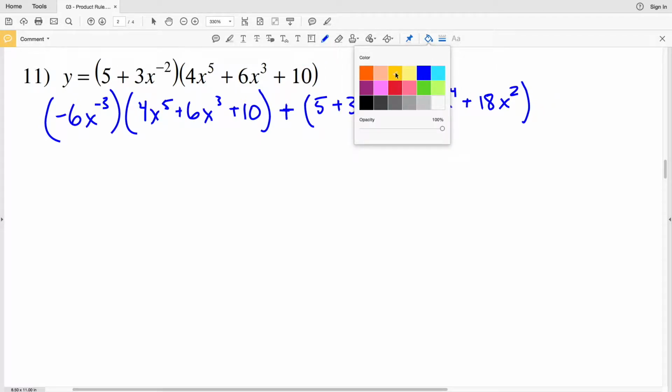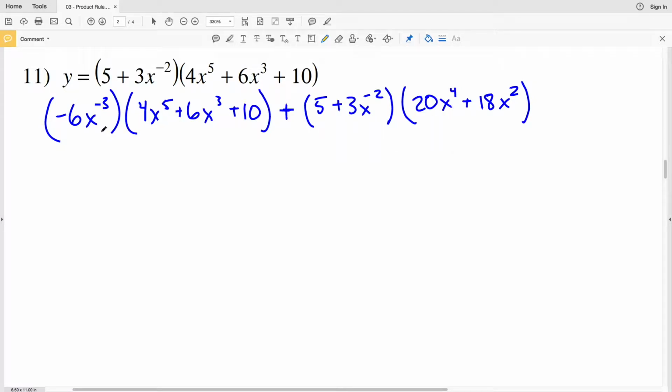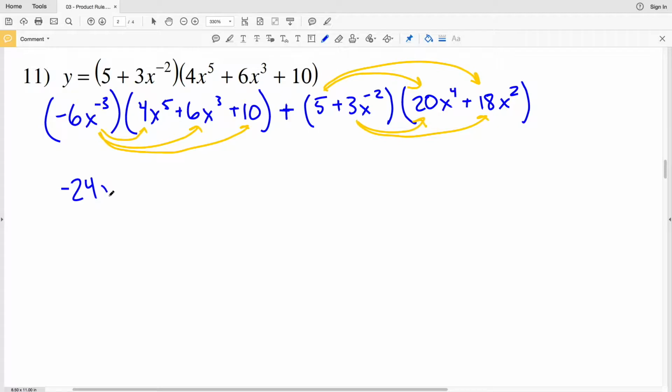So now I'm going to expand this out, multiplying my negative 6x to the negative 3 to each of my terms in the polynomial, and then foiling the next two binomials. Negative 6x to the negative 3 times a positive 4x to the 5th, that's going to be negative 24, and I'll have x to the negative 3 plus 5, which is x squared.